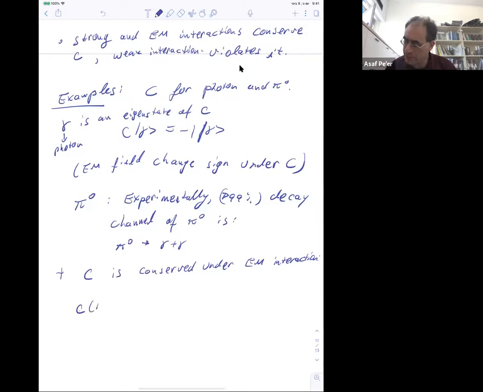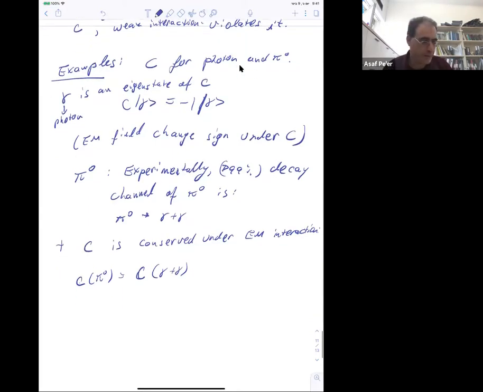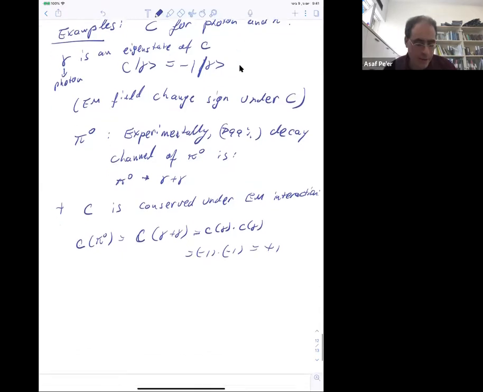So C of the pion 0 is just C of 2 photons. And we said that C is multiplicative. So that means this is C of gamma times C of gamma. So this is -1 times -1, which is +1. That is exactly the reason why experimentally we never observed the decay of the pion into 3 photons.